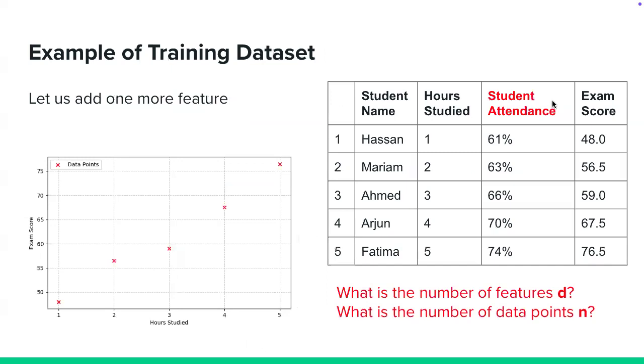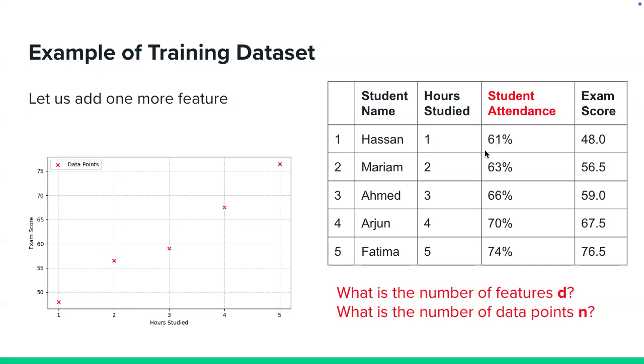So let's take an example from the student exam score prediction. We saw that we had one feature. Now, let's make it more complicated and add one more feature. The feature that we are going to add is student attendance.